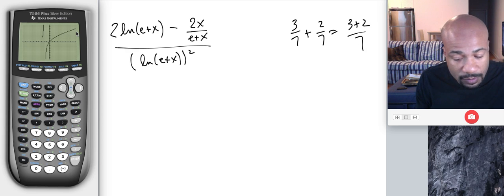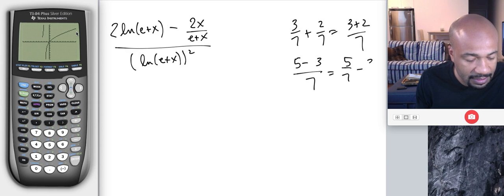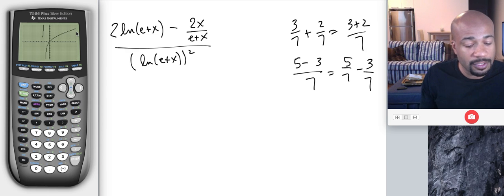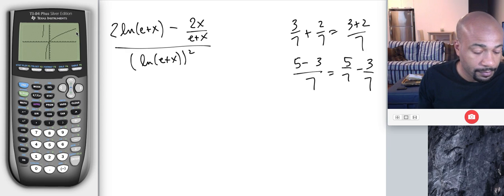So in this case, if I have 5 minus 3 over 7, what do I actually have? I have 5/7 minus 3/7. That's what I'm going to do here because it's going to help me simplify stuff later. All right, so I'm going to erase this real quick.